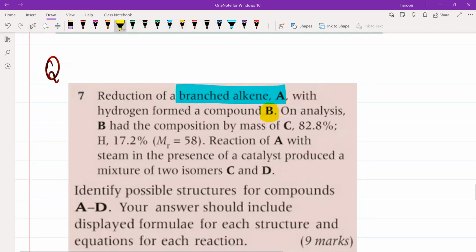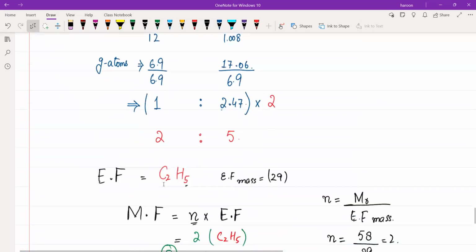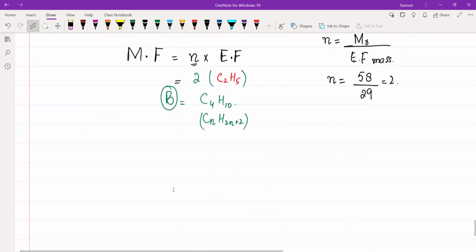Now we are able to find the B. Reduction of alkene, branched alkene. So A will produce the mixture of isomers C and D. Okay, it's a branched alkene.